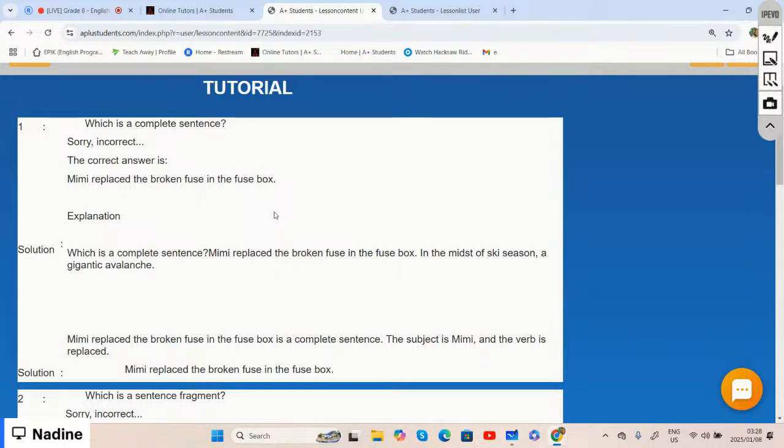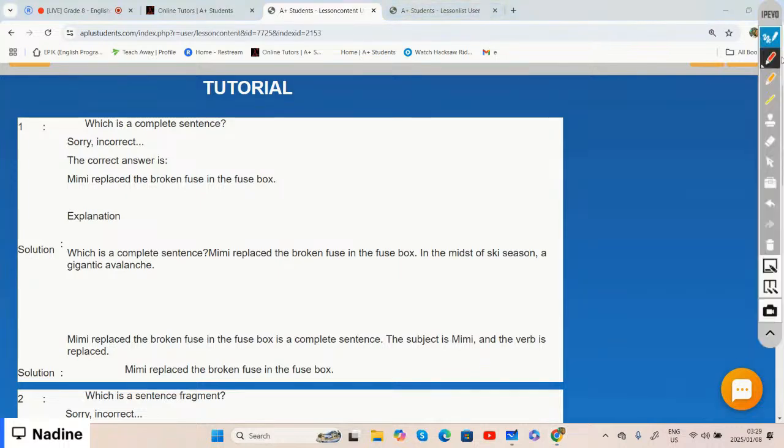Is that a sentence or is that a fragment? If you look at that sentence, it has a subject and it has a verb, so we can say it is a complete sentence.